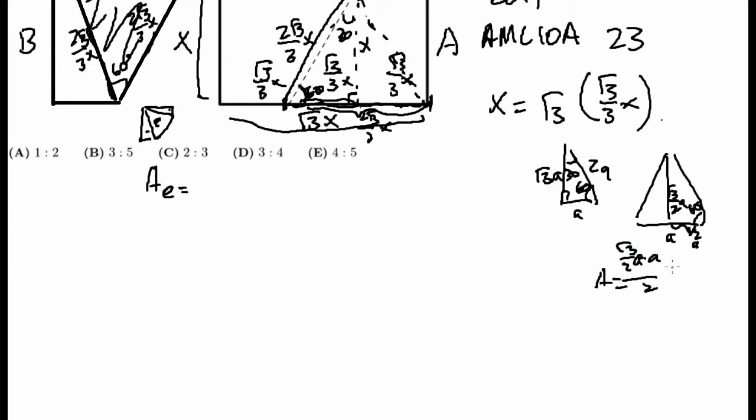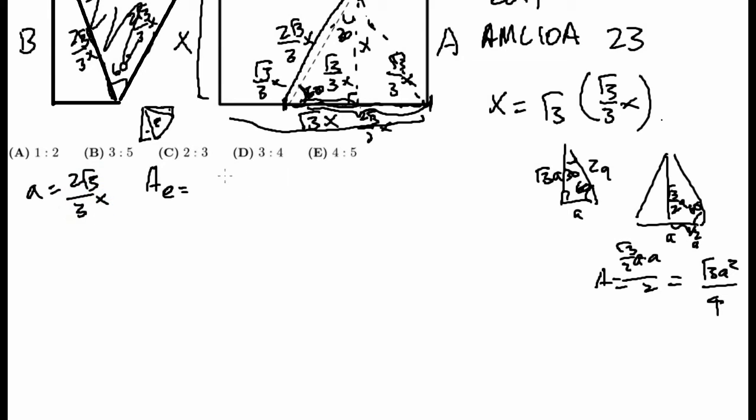Since area is just base times height over 2, and the height is square root of 3 over 2a, and the base is a divided by 2. So this just equates to square root of 3a squared over 4. In this case, a is 2 times square root of 3 over 3x.